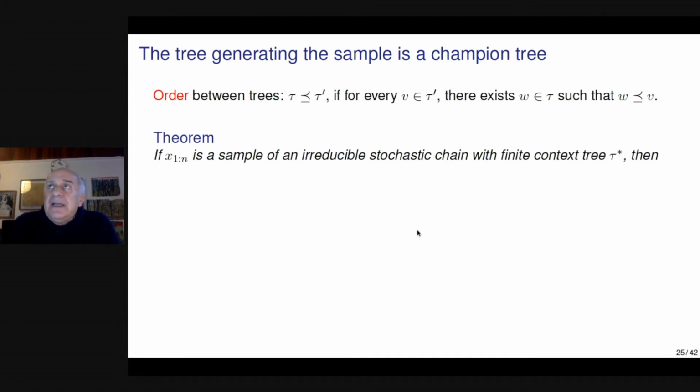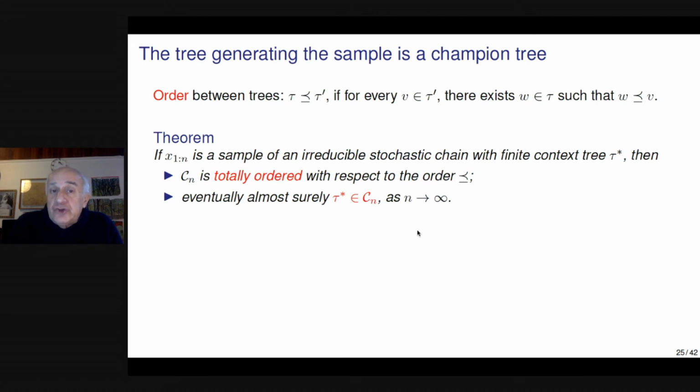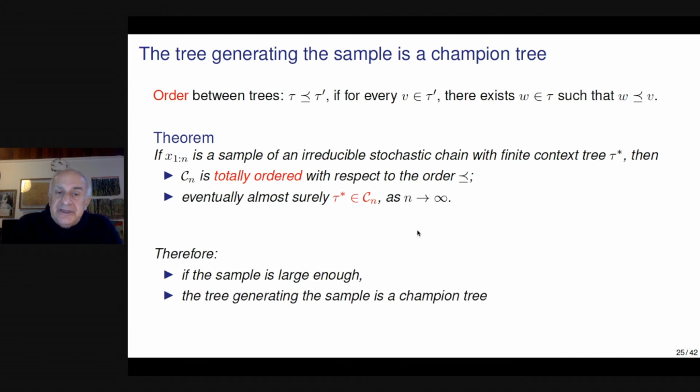Assume X_1^n is a sample generated by an irreducible stochastic chain with finite context tree tau star. Then C_n is totally ordered with respect to this order, and eventually almost surely tau star belongs to C_n when n diverges. Therefore, if the sample is large enough, the tree generating the sample is a champion tree.